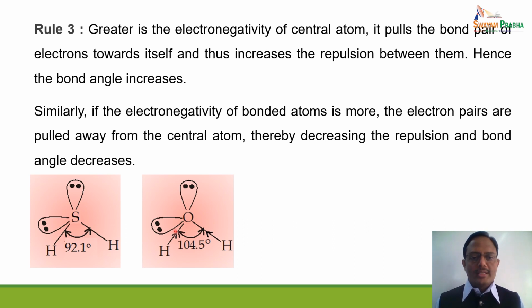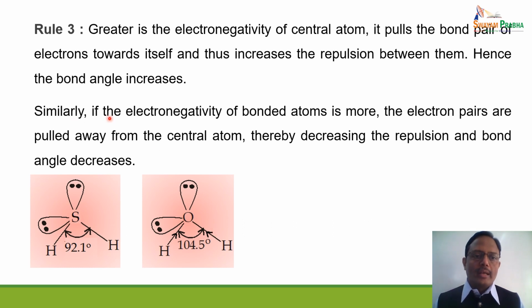Hence, due to larger repulsion between them, the bond angle increases to 104.5 degrees. So if we compare these two, the bonded atoms are same, but the central atoms are different with different electronegativities. The more the electronegativity of the central atom, the closer will be the bond pairs towards it, and the more will be repulsion between them, leading to larger bond angles.